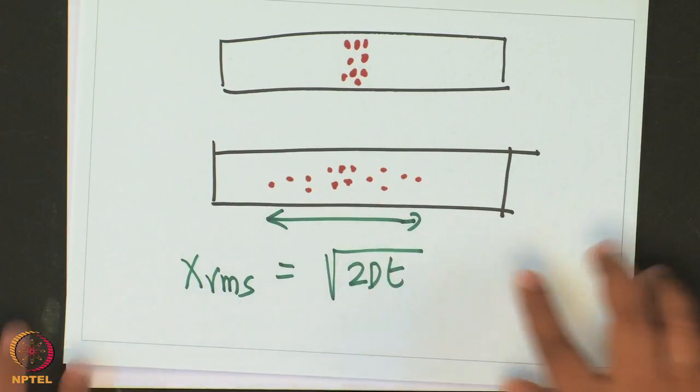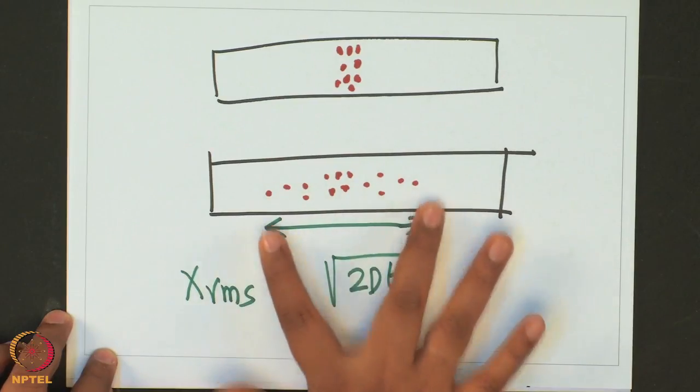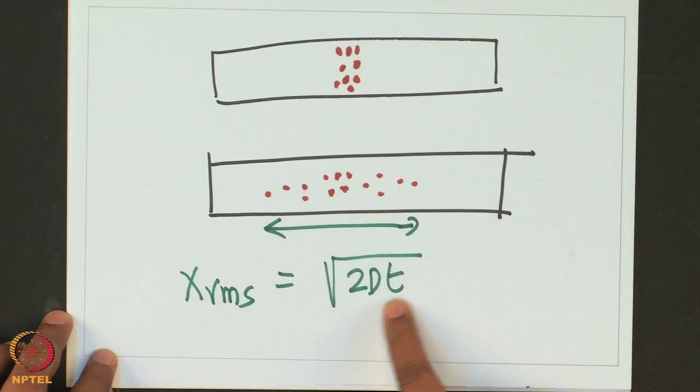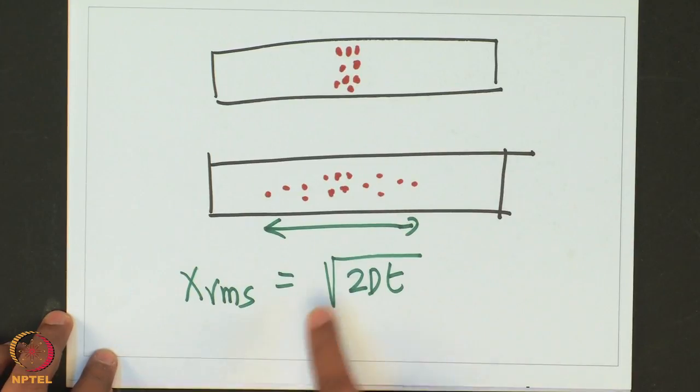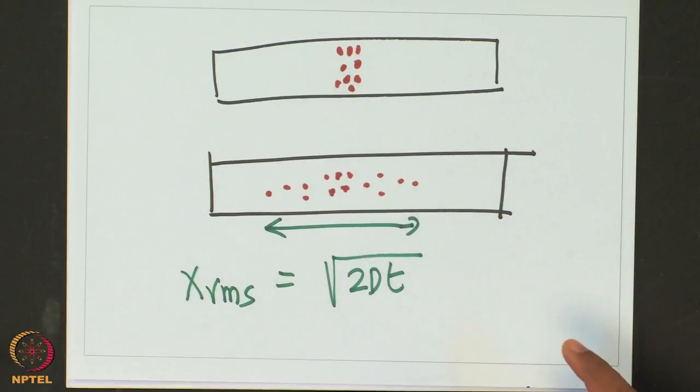So let us compute this spread, the distance over which a protein would spread, given a time and a diffusion coefficient. Let us do this for a particular protein. Let us assume these are protein molecules having a size of 1 nanometer.